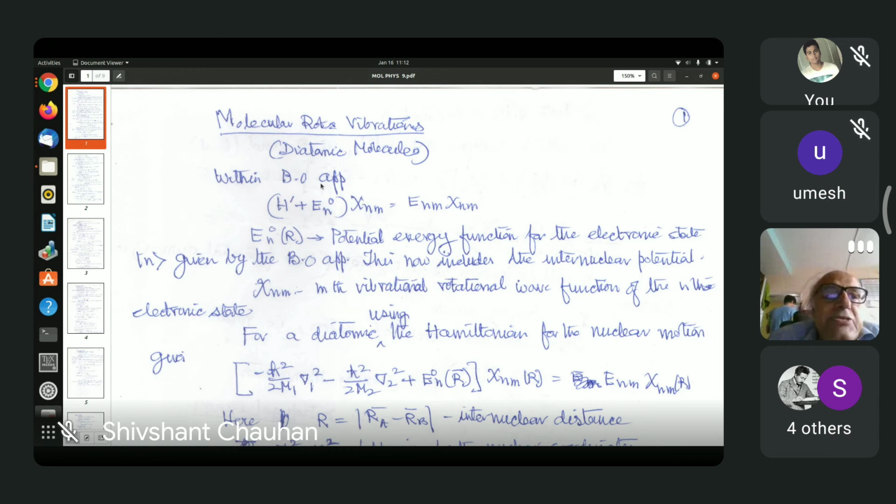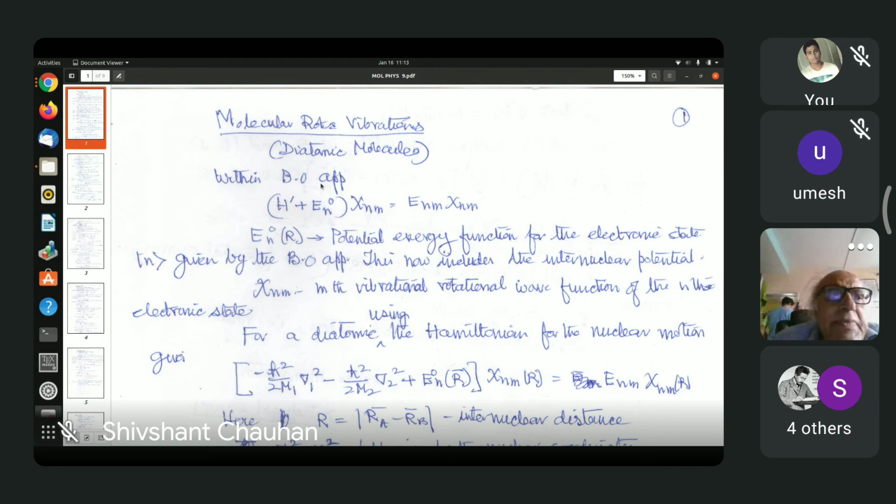Any Schrödinger equation has some bound solutions, and this is a Schrödinger equation for nuclear motion: H prime plus En0 chi nm equal to Enm chi nm. So it needs to specify the nuclear state with another wave function, with other indices. These indices are given the name M here. There can be more than one; M can contain a set of indices.